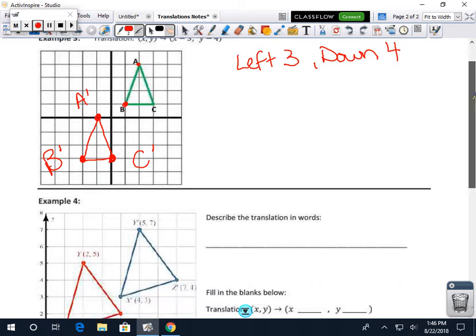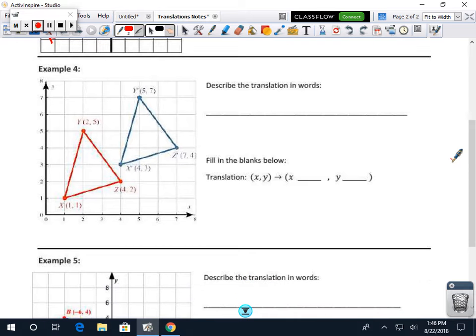Okay, so on example 4, they give us the graph of the pre-image and the image, and then they want us to describe the translation. Alright, so to tell the difference between the pre-image and the image, we're looking for those apostrophes.